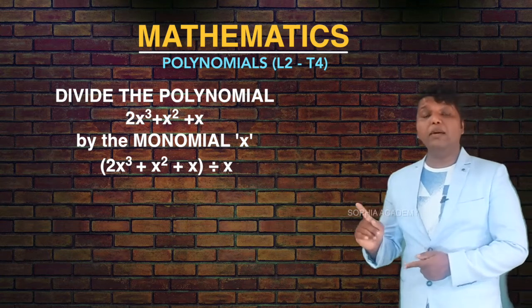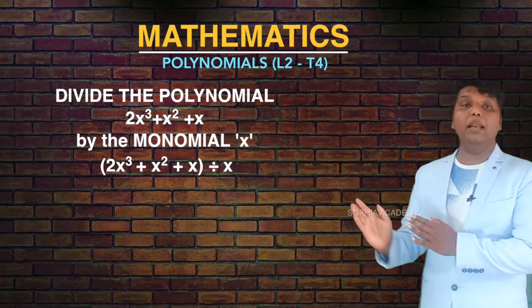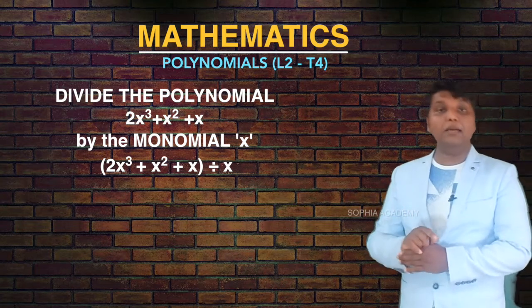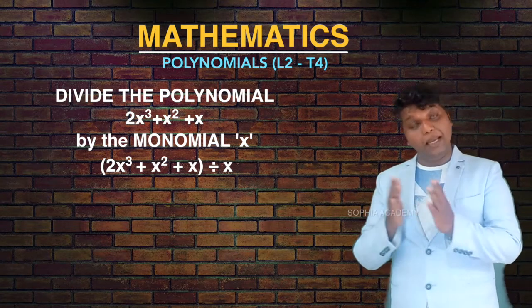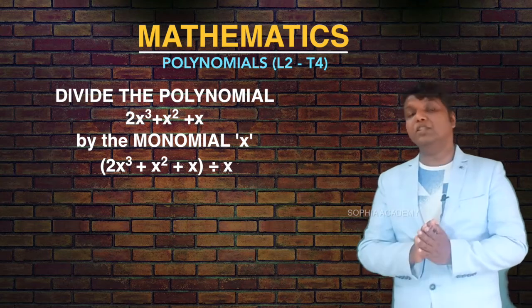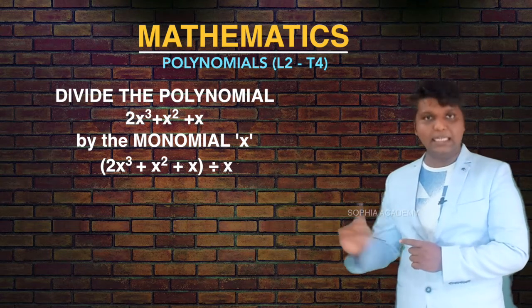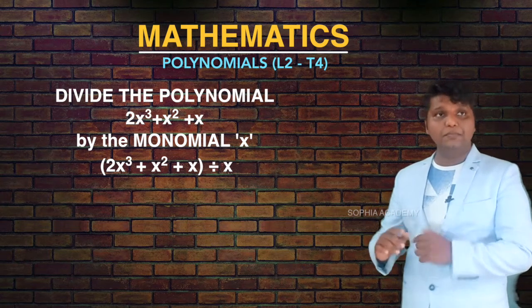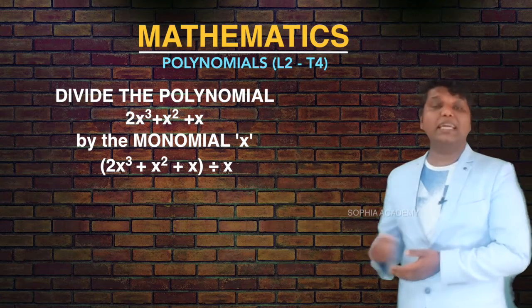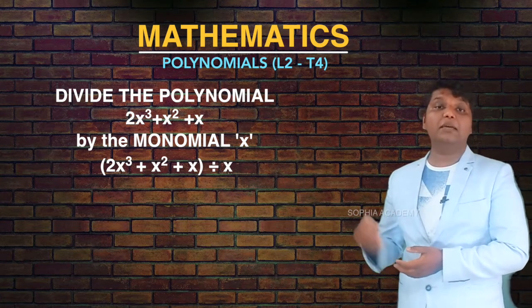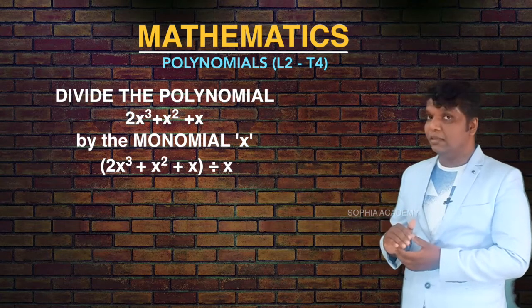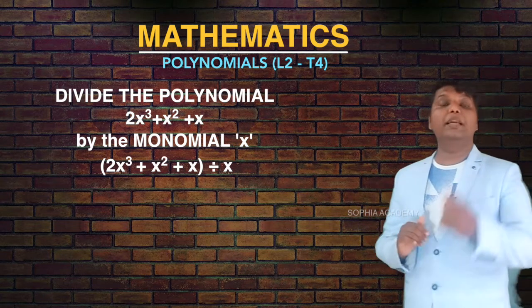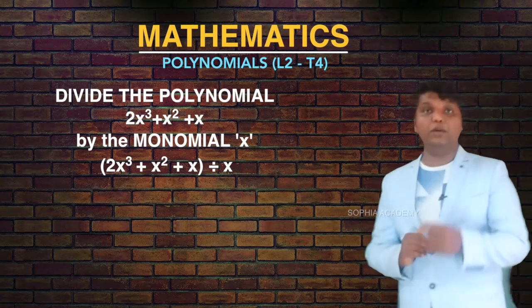That means when you are dividing a given polynomial by another monomial or by another polynomial, the main thing you have to understand is, here you can see there are three terms, right? The first term is 2x cube, the second term is x square, and the third term is x. So here there are three terms, so each term should be divided by x. That's very important, which you have to note.